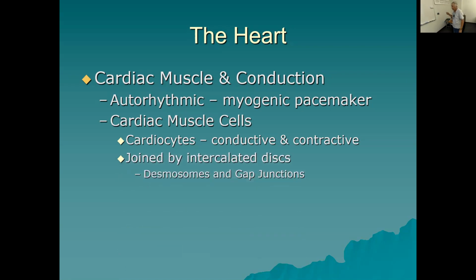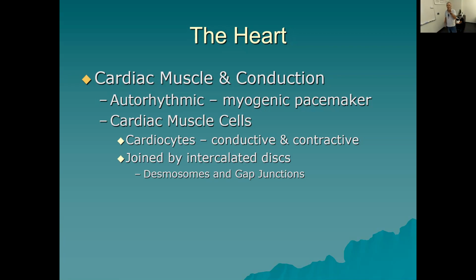All right. Remember, heart muscle cells are connected by intercalated discs. And in those intercalated discs are desmosomes, which are like spot welds that hold the cells together so they don't rip apart when they contract, and gap junctions, which are essentially electrical synapses.